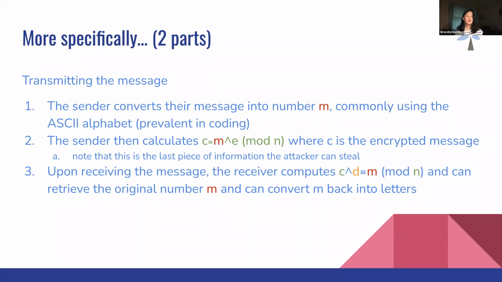Again, usually this is all done with a computer. So I did also, for the example, choose small primes to work with. Okay, so if no one has a question on these two slides, then we can just move on to the example.